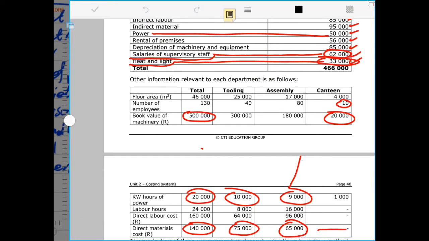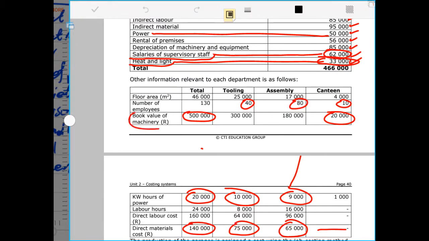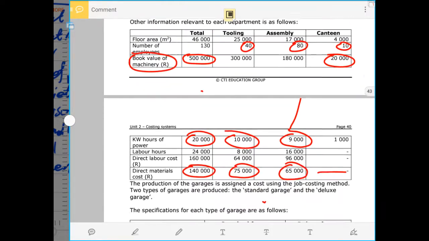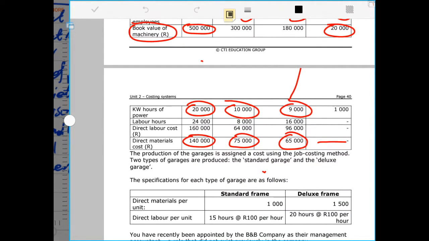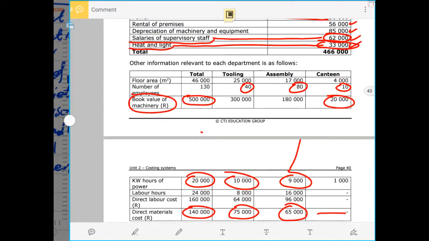Floor space, the book value of the machine, kilowatts, labor hours and direct material have nothing to do with the canteen.